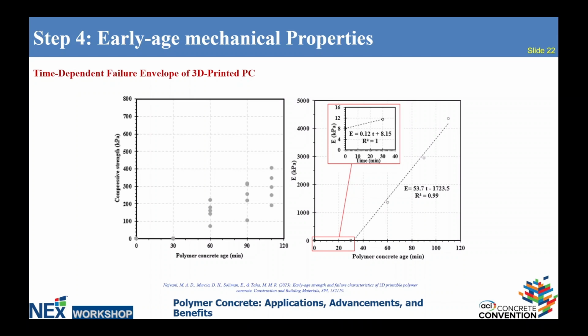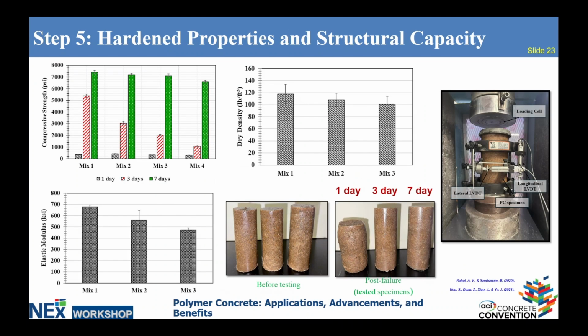So it depends on the polymer type we are using. After that, we go to the structural capacity, which is the compressive strength. Increasing the polymer weight reduces the compressive strength at early ages. However, after 7 days, the lowest compressive strength was around 6,000 psi, which is similar to high strength concrete at 28 days.